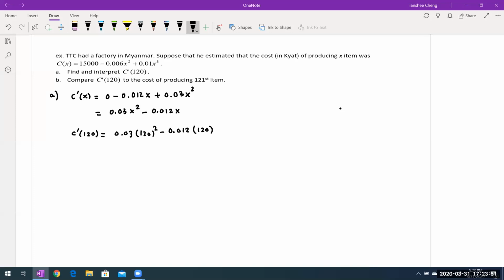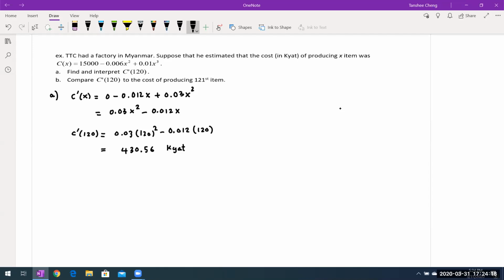When you use the calculator to compute this, that will give me 430.56. And this is in kyat, the currency of Burma. So finding the derivative is easy. Evaluating the derivative is also easy.